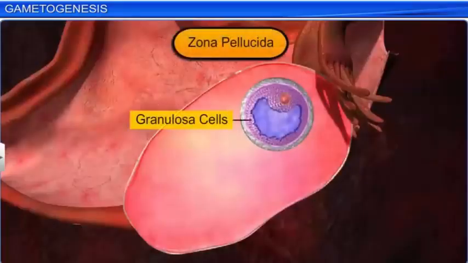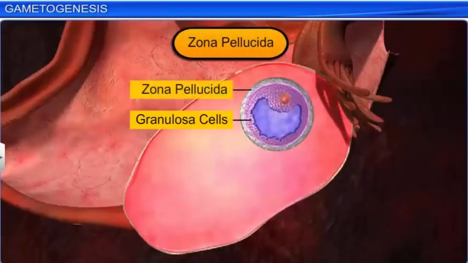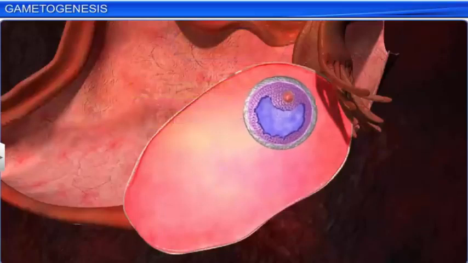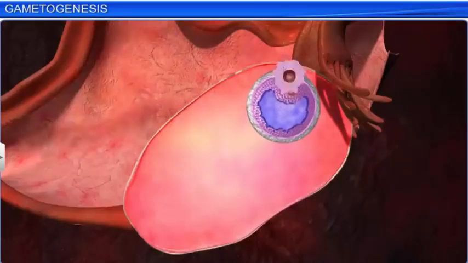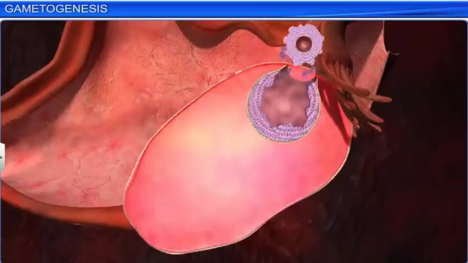The granulosa cells secrete a glycoprotein substance that forms a membrane, the zona pellucida, around the secondary oocyte. The secondary oocyte or ovum is released from the Graafian follicle when it ruptures due to a surge in LH in the body.